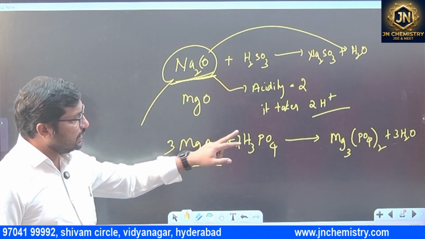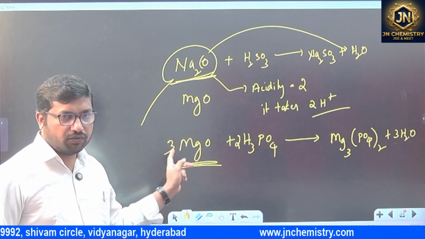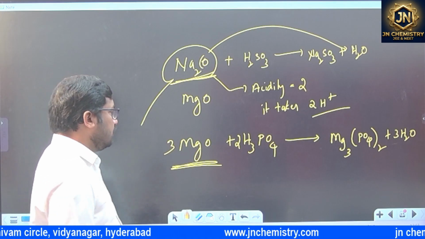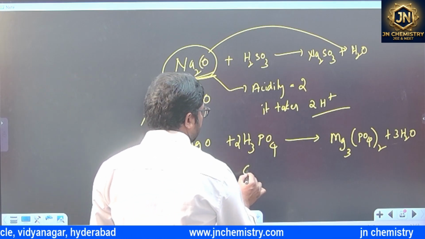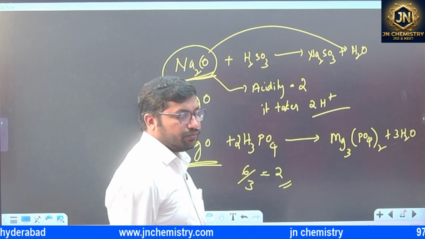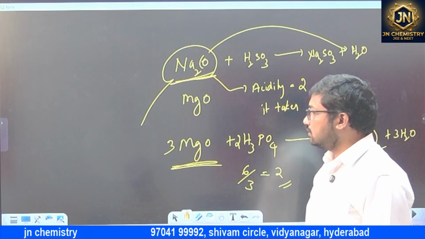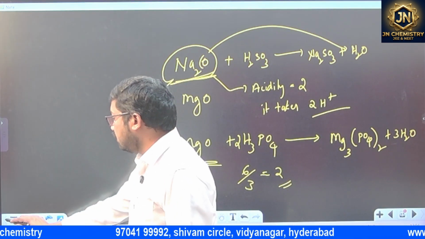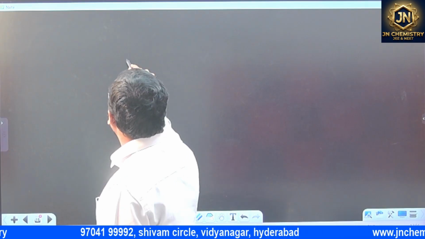So 3 moles are taking 6, so 1 mole, 2. I did 6 by 3, 2.